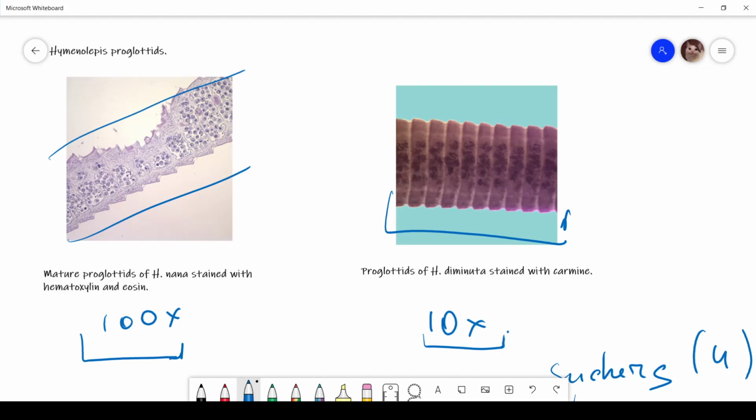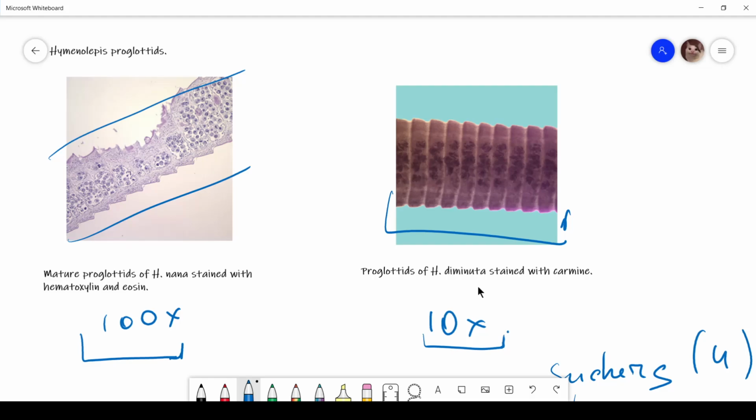Okay, in practice you can find Hymenolepis nana inside microslides only with a microscope, but proglottids of Hymenolepis diminuta you can find in feces with your eyes.